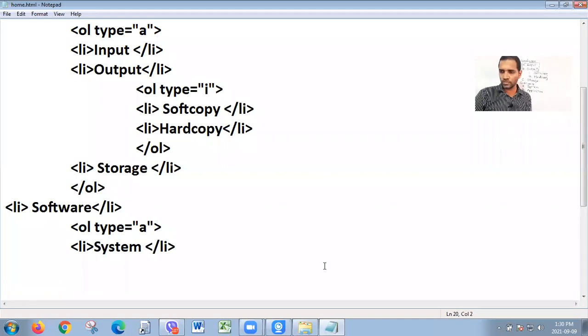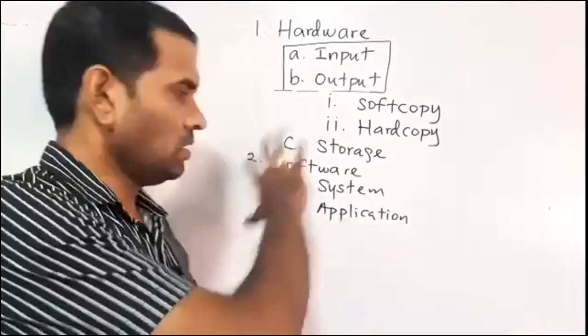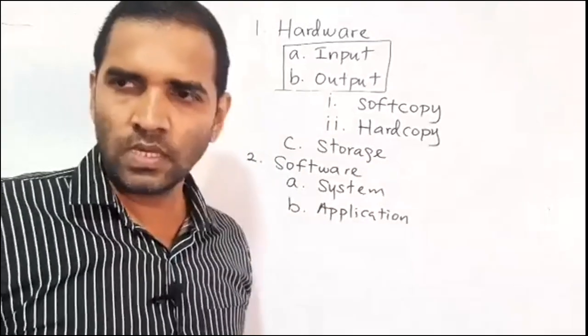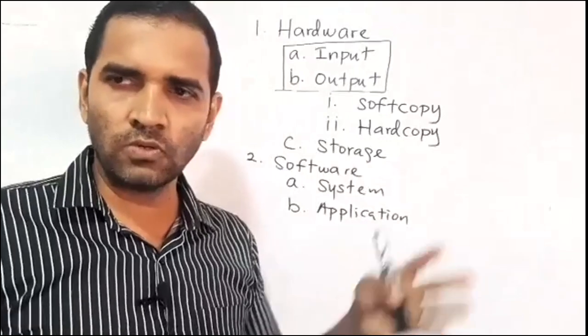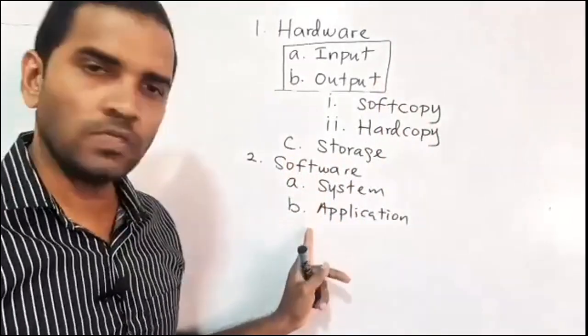Then I have another list item. This is application. Then I close that. Now I don't have any other list items. Yes, I can expand this one, but I don't want to because it takes time. So yes, it's enough. So this list is closed.